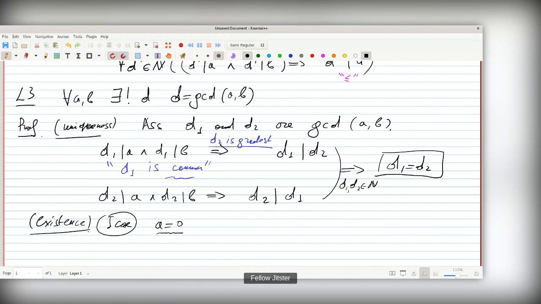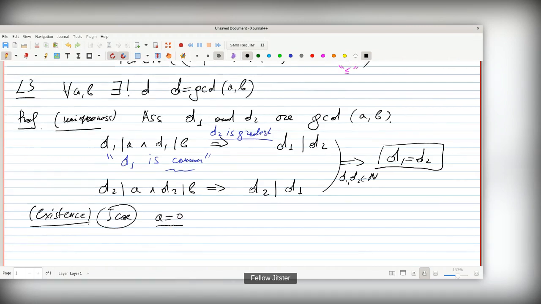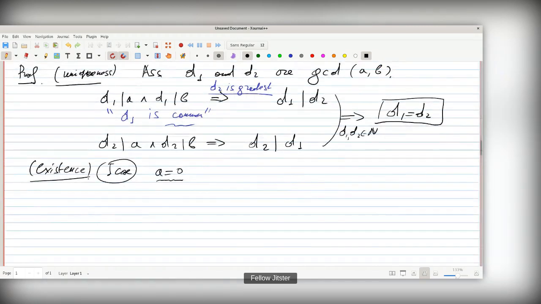Of course, no divisor of B can be greater than B itself. But here we have a minor problem with the sign of B. So let us take the absolute value of B. Clearly, everything divides 0. Likewise, the absolute value of B divides B.